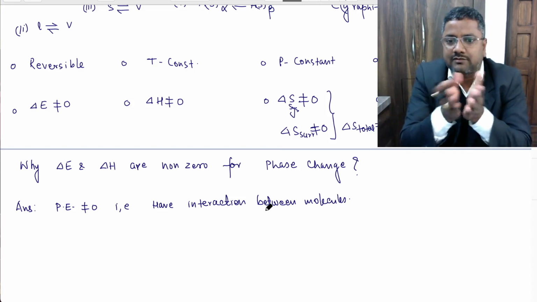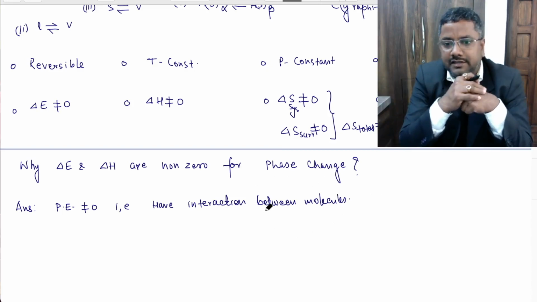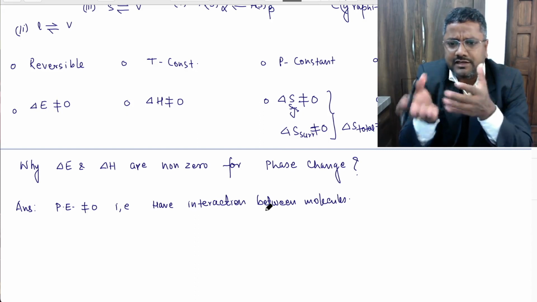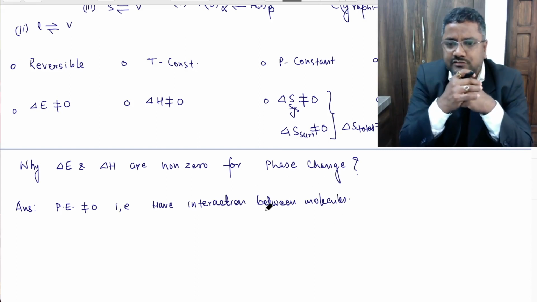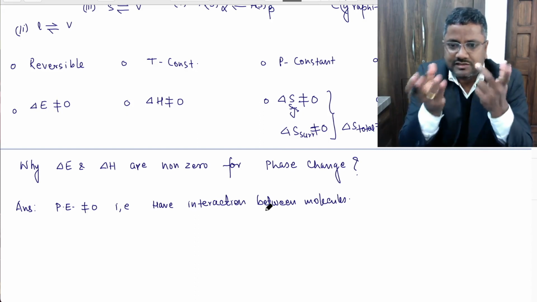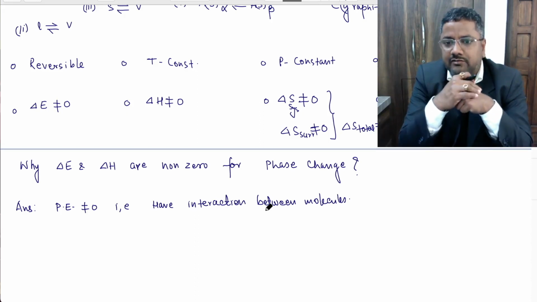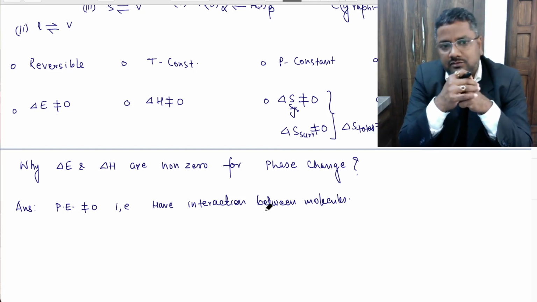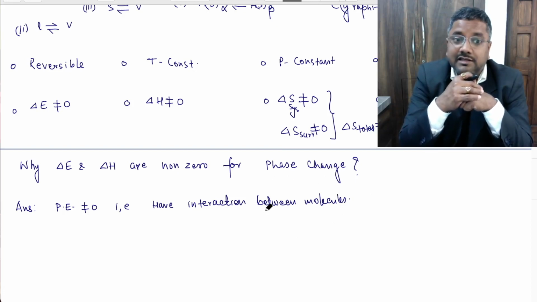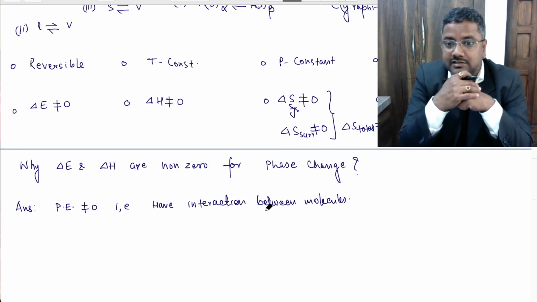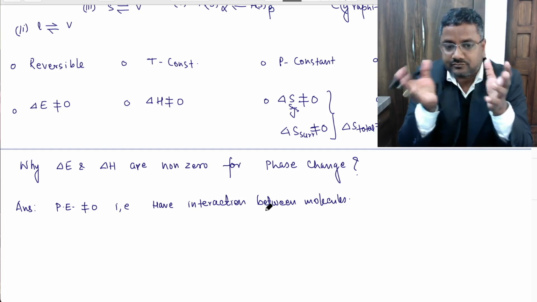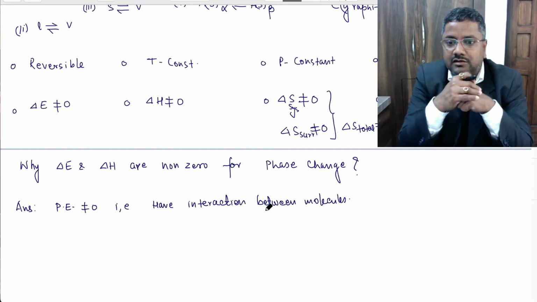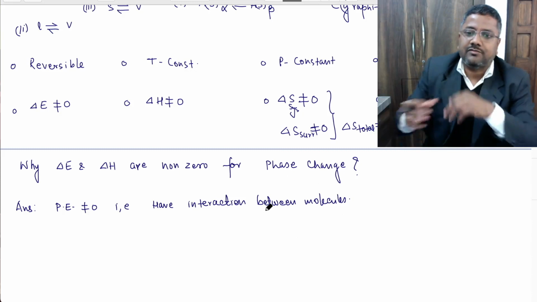So you can say heat capacity will change from liquid to solid or from liquid to vapor. H2O liquid and H2O vapor have different heat capacities, because in heat capacity different motions contribute. Here the major contribution comes from potential energy in the case of solid and liquid, but in the case of an ideal gas there is no potential energy. This is the reason we do not take delta E and delta H as 0 for phase change.